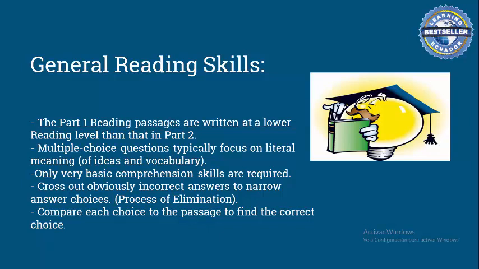Only very basic comprehension skills are required. Cross out obviously incorrect answers to narrow answer choices, the famous process of elimination, and compare each choice to the passage to find the correct choice. Okay? So here are some general skills.